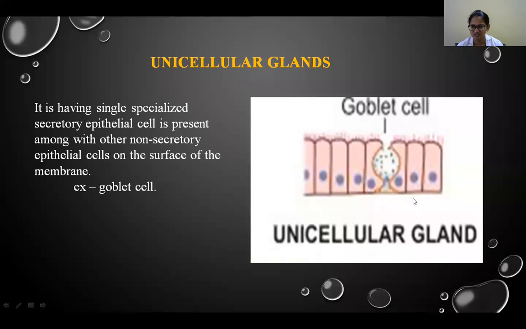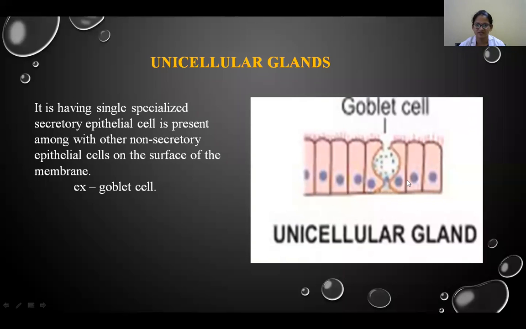This is a unicellular gland. An example of a unicellular gland is goblet cells, which you are going to see in the trachea. This is about the unicellular gland. It is nothing but a single specialized secretory epithelial cell present among the non-secretory cells on the surface of the membrane.